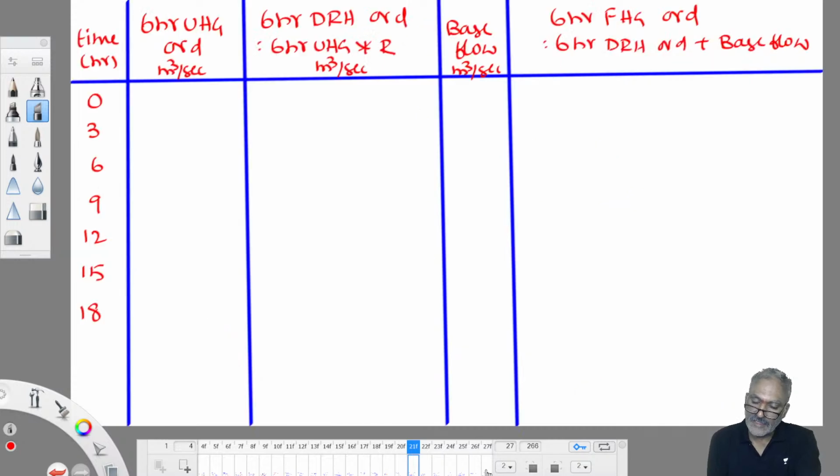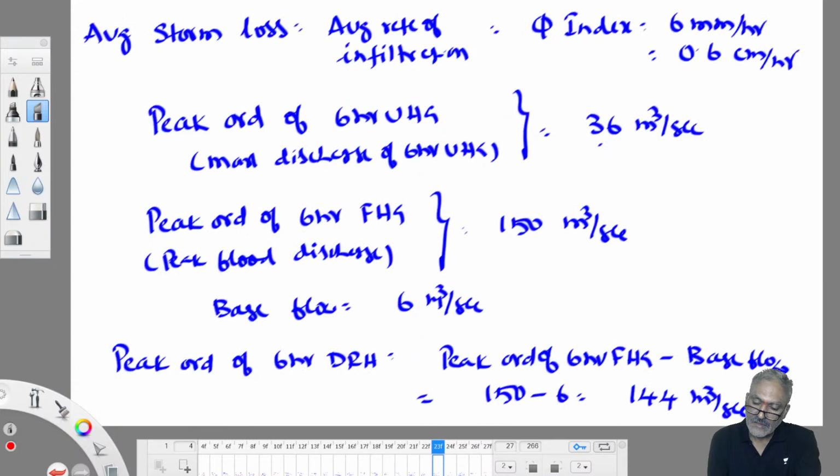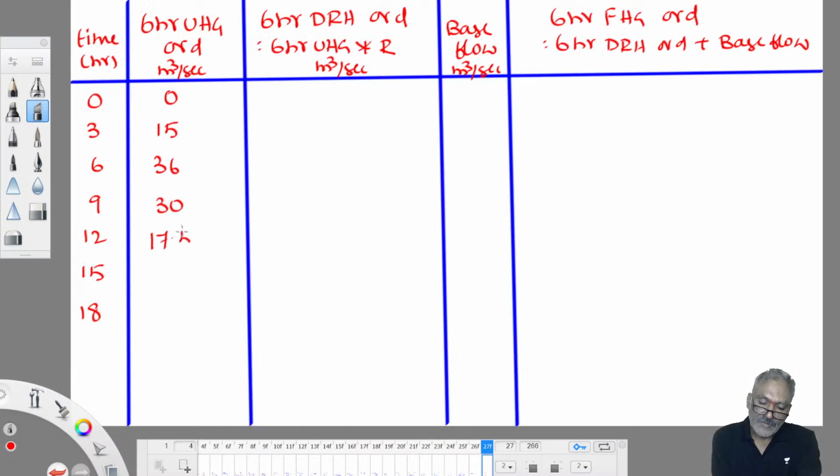The ordinates are 0, 15, 36, 30, 8, 17.5, 8.5, 3. Where there is a peak of the unit hydrograph, there only the peak of the direct runoff hydrograph also occurs. So where is the peak ordinate? Among all these ordinates, this is the peak ordinate.